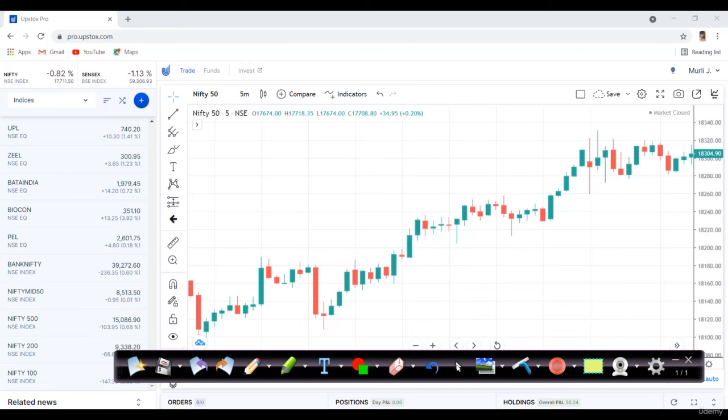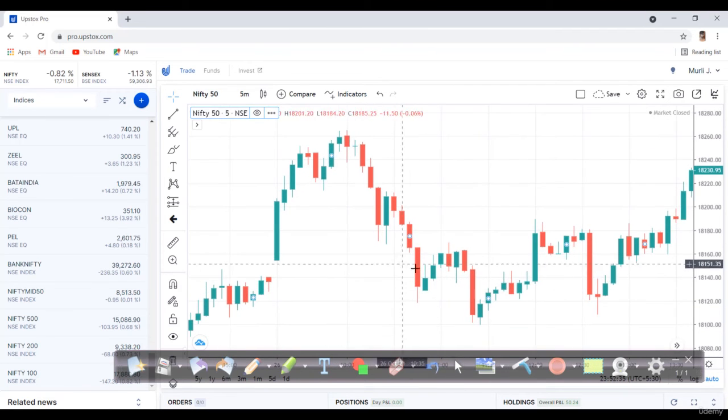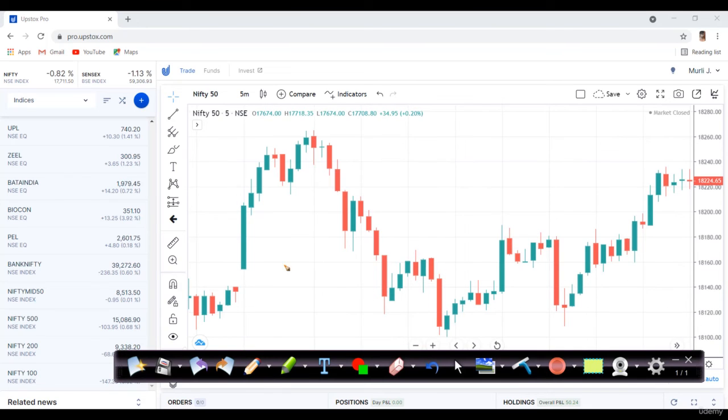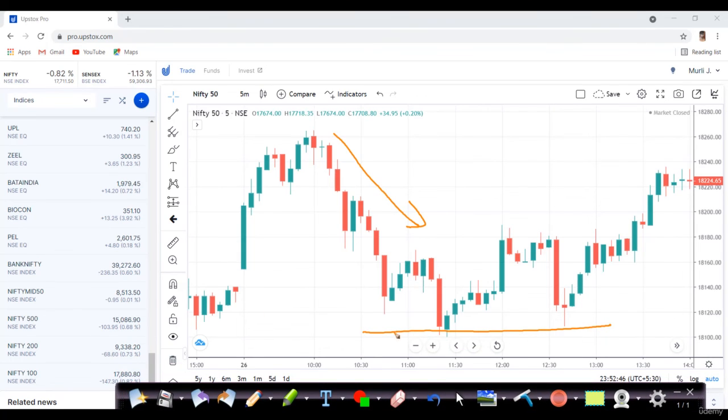If you check the trend from the morning, the only trend is negative, and this is the support area. Why is it a support area? As I discussed in the last video, because the market took support from here and tried to move upside. The first time the market took support and moved upside, but was not able to sustain.